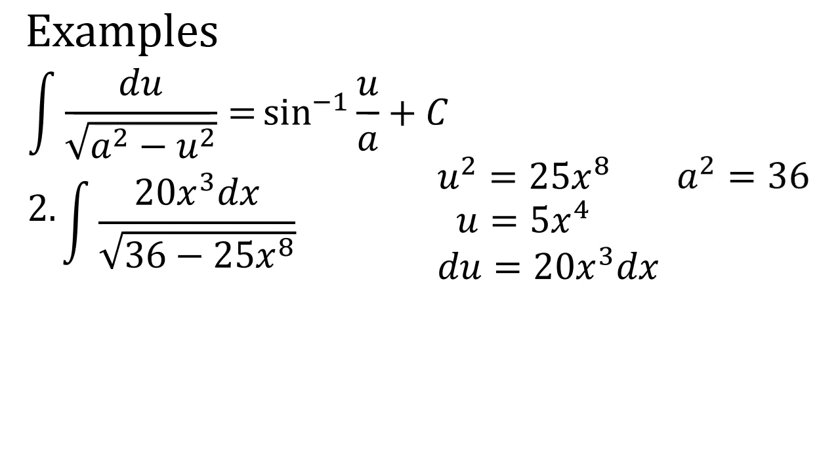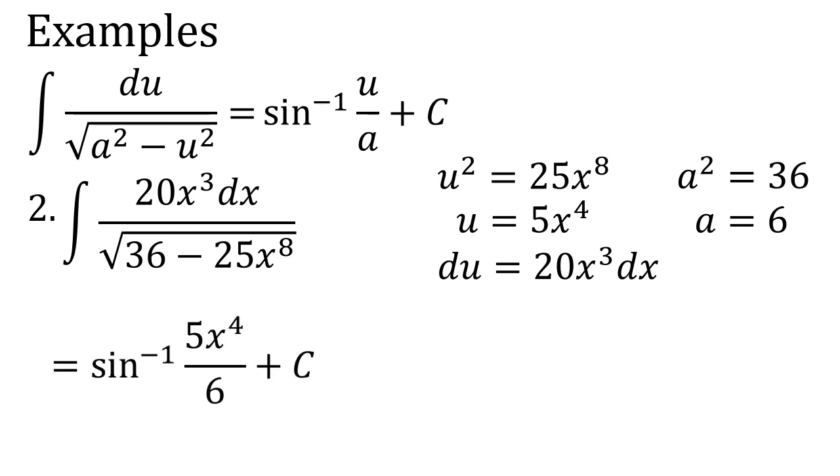A squared is equal to 36, so a is equal to 6. As you can see, there is already 20x cubed dx in our given, so we will not change anything on du. So our answer will be simply arc sine 5x to the 4th power over 6 plus c.